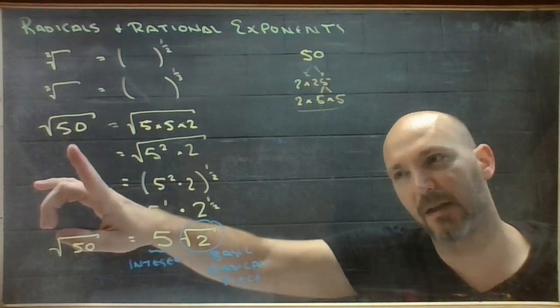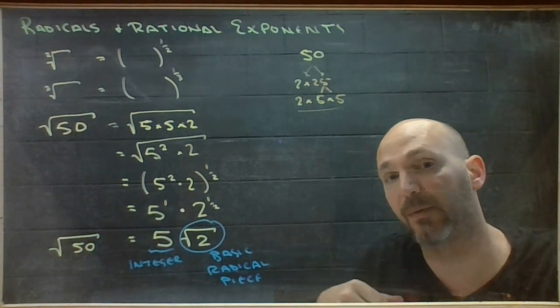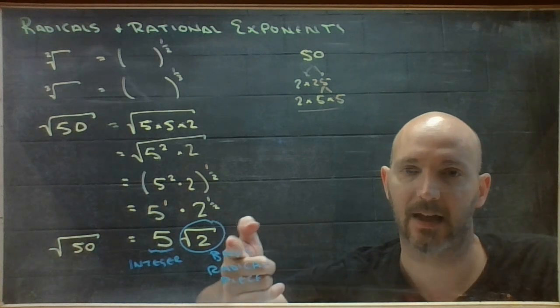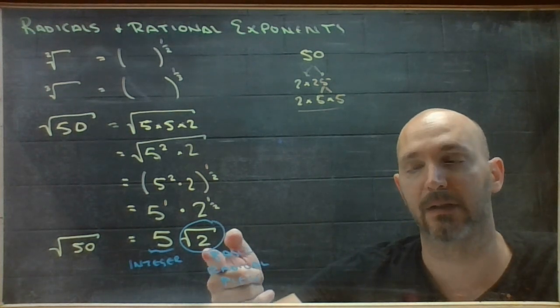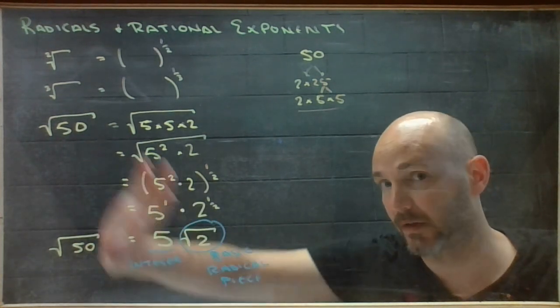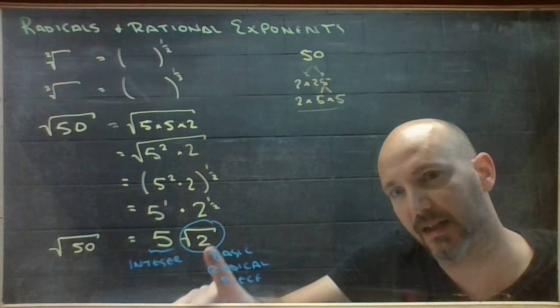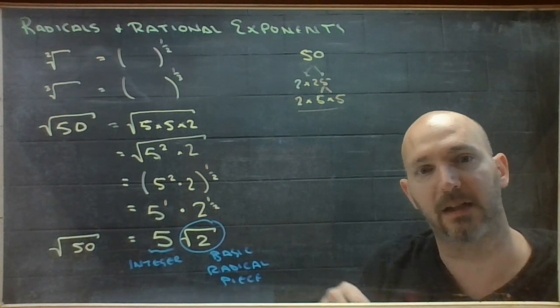So this number 50, it doesn't square root nicely because it has a factor of root 2 in it. The 5 comes out clean. It's just this little chunk that makes it ugly.